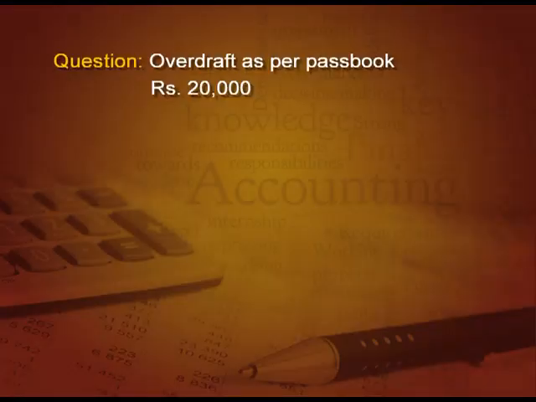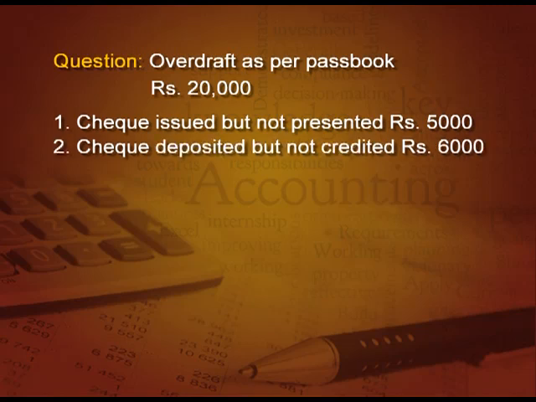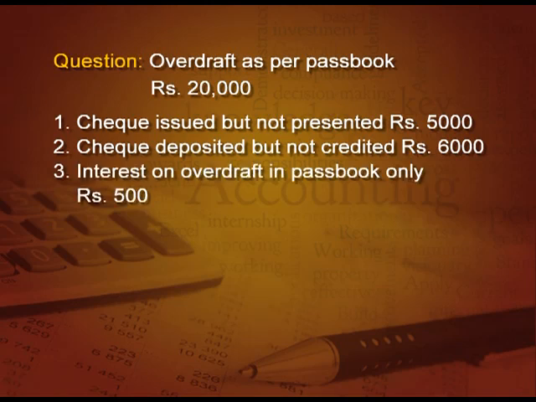So, the question is, we start with overdraft as per passbook 20,000. First point, check issued but not presented 5,000, check deposited but not credited 6,000, interest on overdraft in passbook only 500.